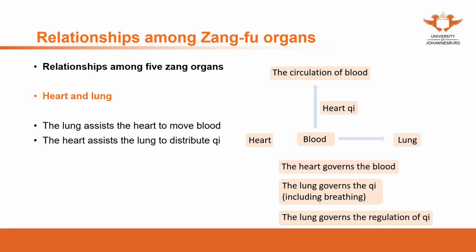The heart governs the blood, which includes the movement of the blood. The lung governs the qi flow, and the blood movement also relies on the qi movement. So as you can see here, there are a lot of connections between the heart and the lung in terms of the qi and blood, and the position.